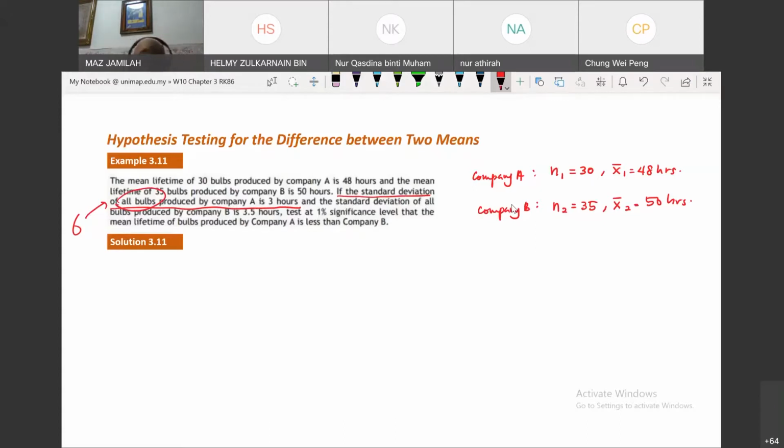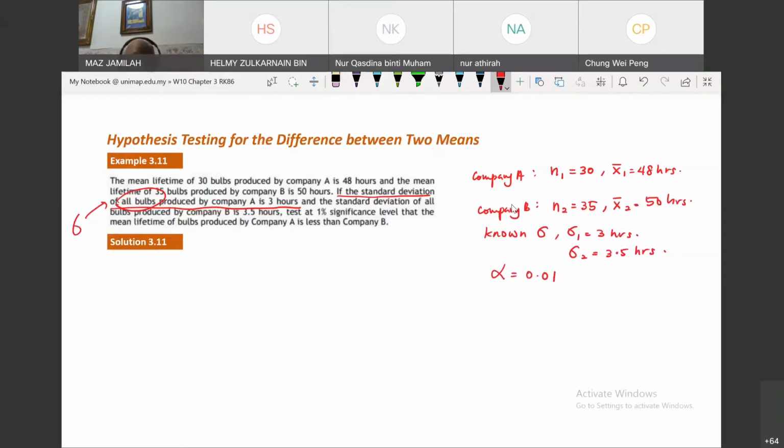In this case, sigma is known, that is sigma 1 equal to 3, and for sigma 2, 3.5. Test at the 1% significance level, so alpha is equal to 0.01.